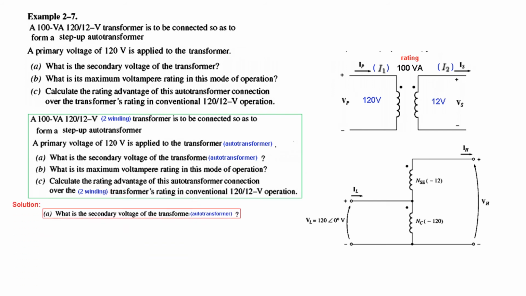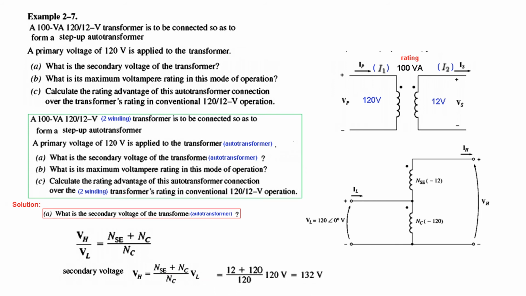So first part, what is the secondary voltage of this transformer? We know this is the formula between primary and secondary, or high voltage and low voltage. And from here, high voltage can be written as shown here. And now we'll plug in the values. Now see, the primary is 120 and the secondary is 12.